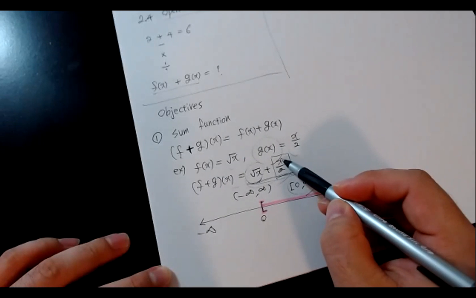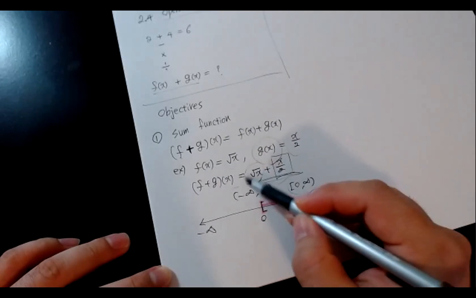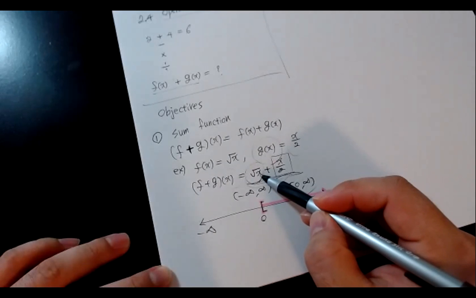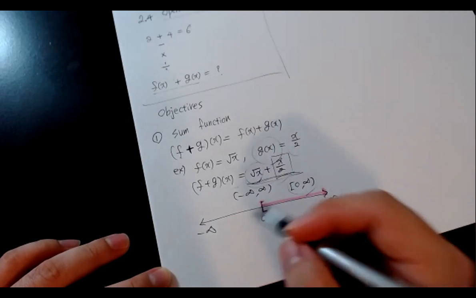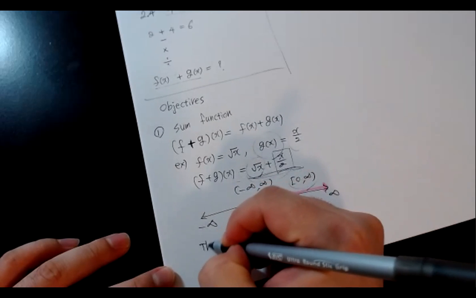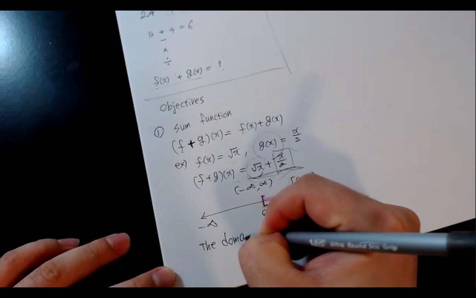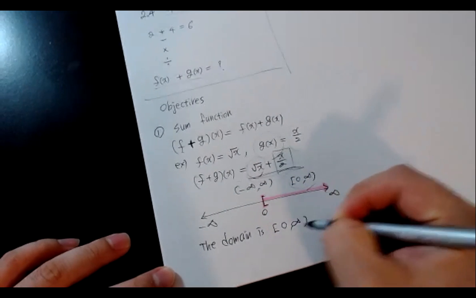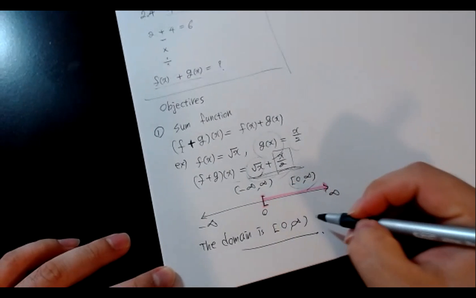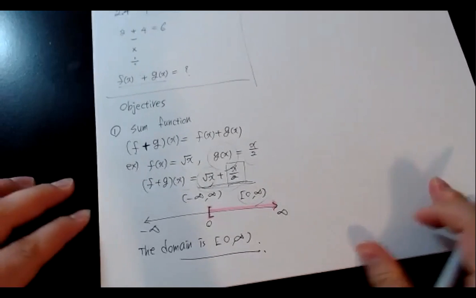Even though x can be a negative number in the second term, the square root of x cannot be a negative number, because the square root of a negative number is a complex number. So here the domain is 0 to infinity. And that's the domain of f plus g, the sum function.